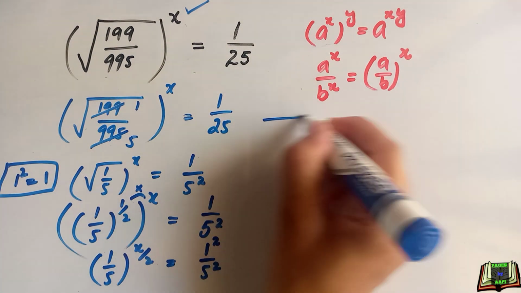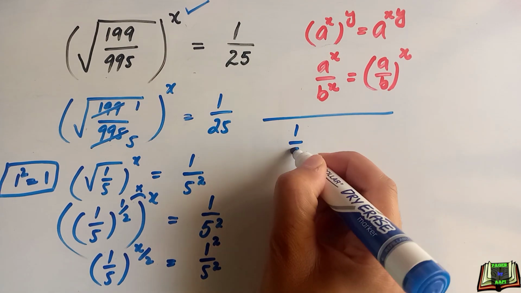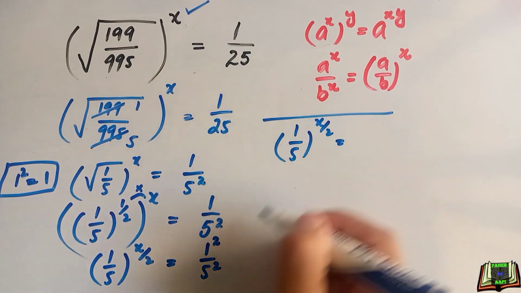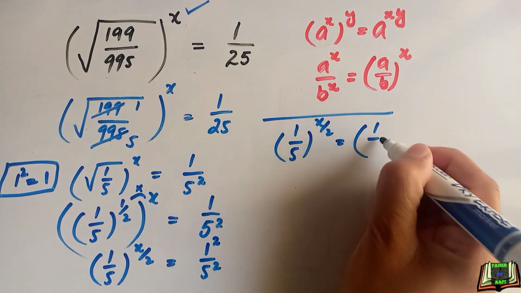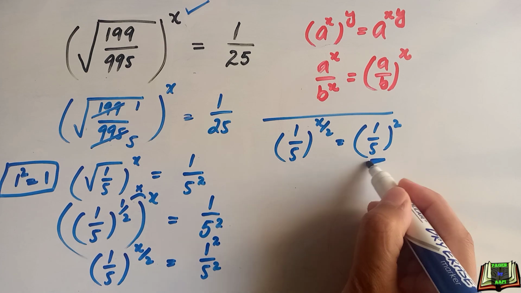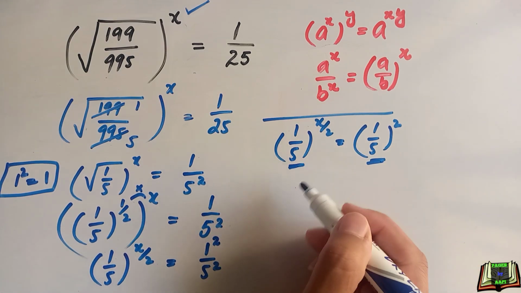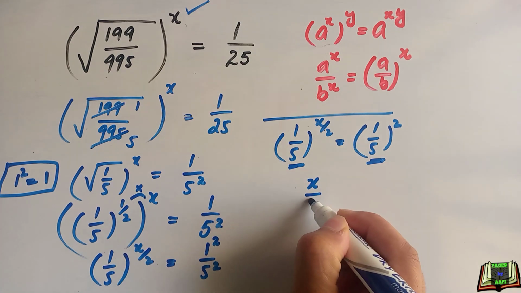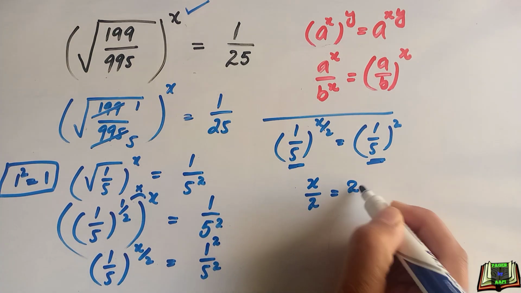So 1 over 5 to the power x over 2, and this right hand side can be written as 1 over 5 whole power 2. As the bases are the same and equal, 1 over 5, 1 over 5, this will be cancelled out. We have x over 2 is equal to 2.